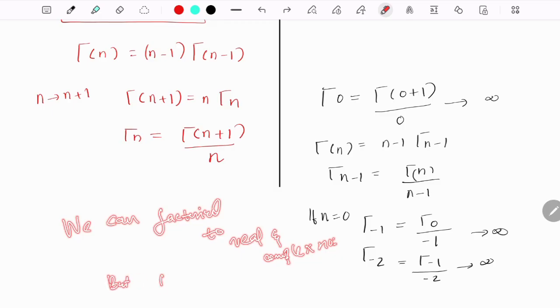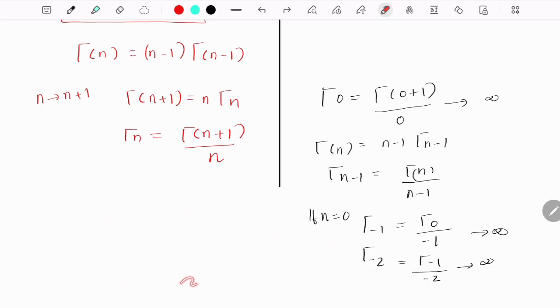But for some values we can't define gamma of some numbers like 0, that is gamma of 0, gamma of minus 1, gamma of minus 2, etc.